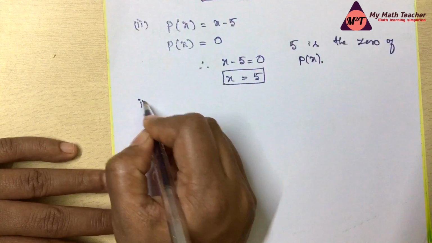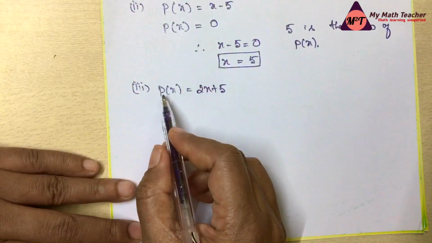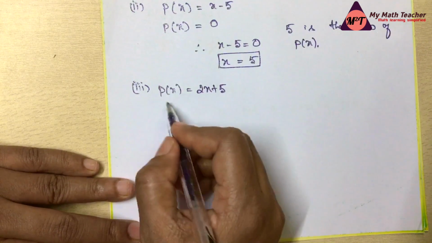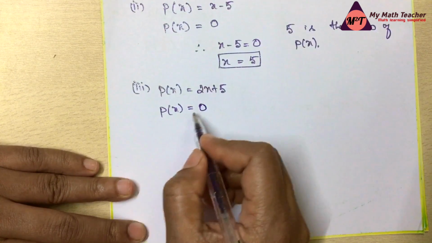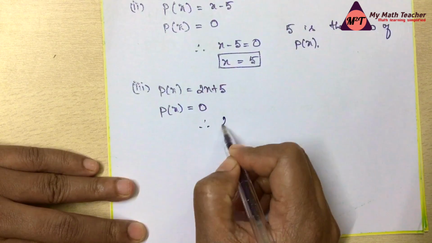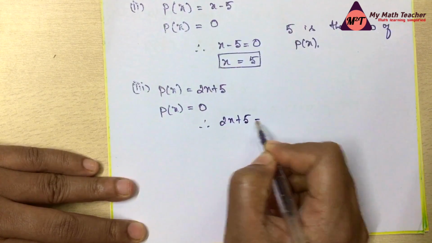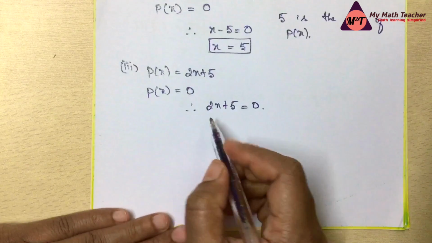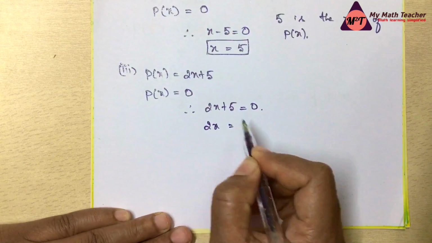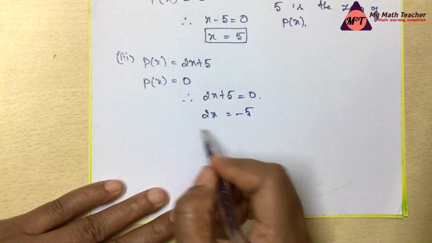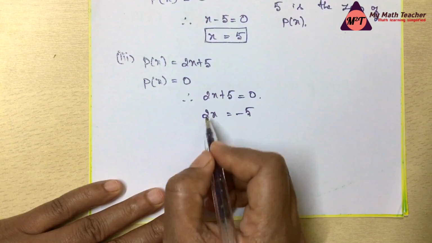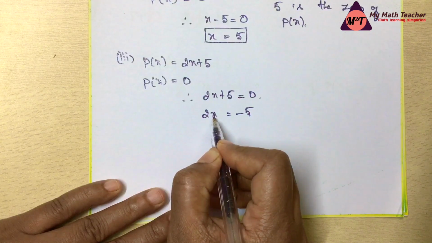Now the third subdivision. The third subdivision is P of x is equal to 2x plus 5. That is, P of x is equal to 0. Therefore, 2x plus 5 is equal to 0. We need only the x value. Let us transpose one by one. The plus 5 becomes minus 5 here. Now, we don't need 2x. We need only x. This is always 2 multiplied by x.